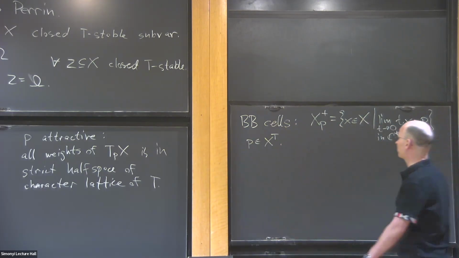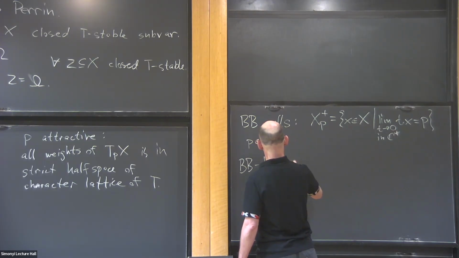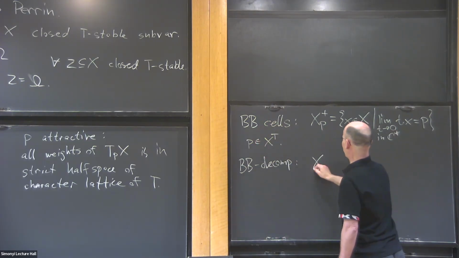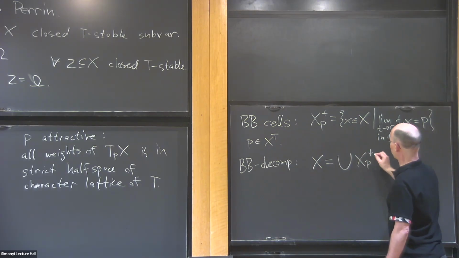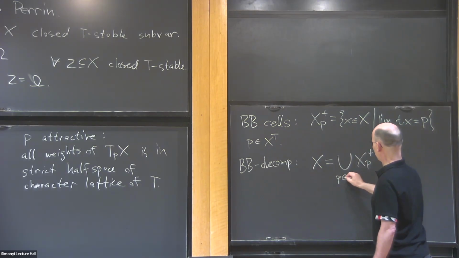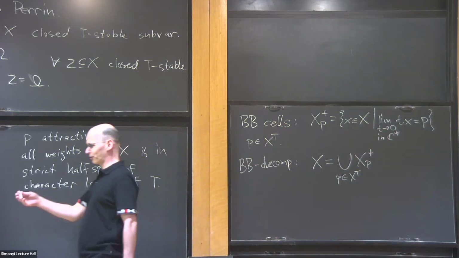And the Bialynicki-Birula decomposition, well, that is just writing X as the union of all these cells over all T fixed points. That's a disjoint union.